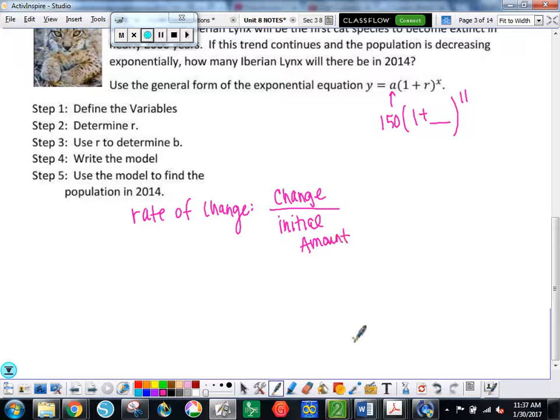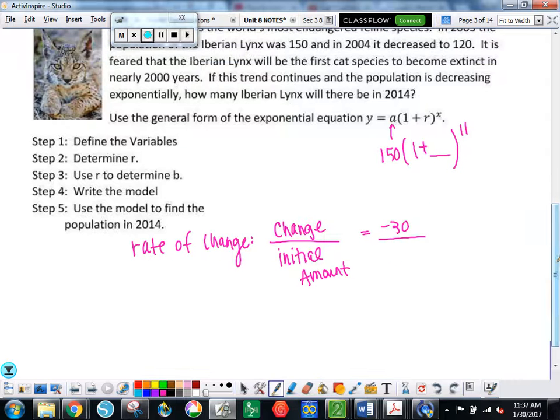So if you're going from 150 to 120, how much did that change? Negative 30, right? So it went down. And the initial amount is how much? 150. So that is what percentage? This is a 20% change every year.